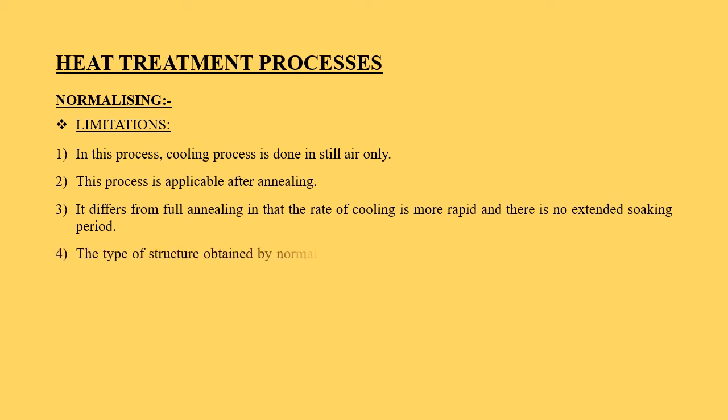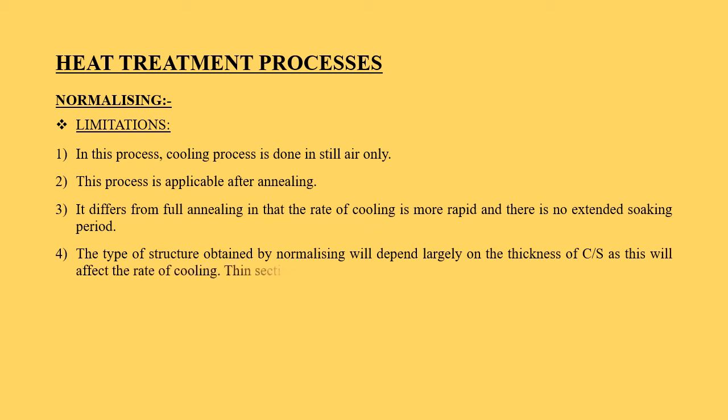The type of structure obtained by normalizing depends largely on the thickness of cross section, which will affect the rate of cooling. The thin sections will give a much finer grain than the thick sections.